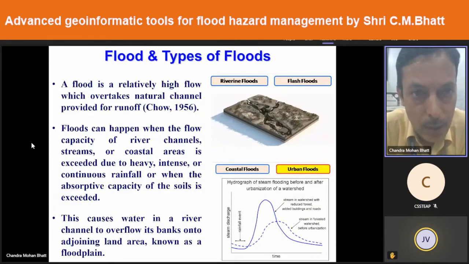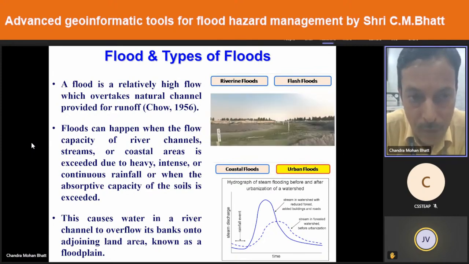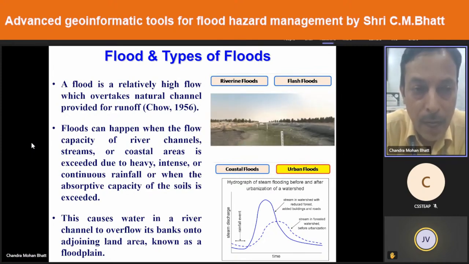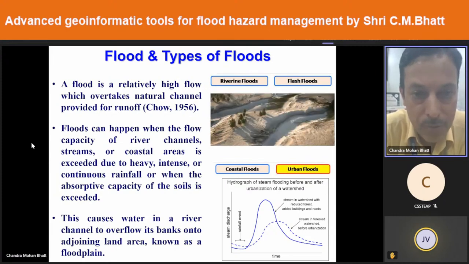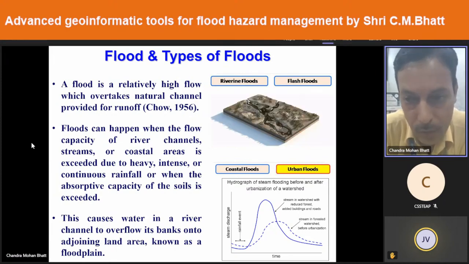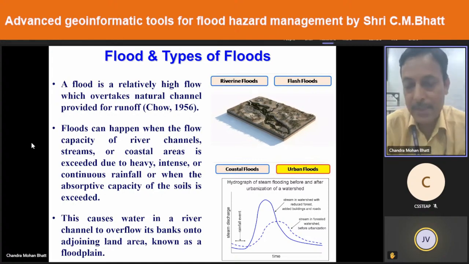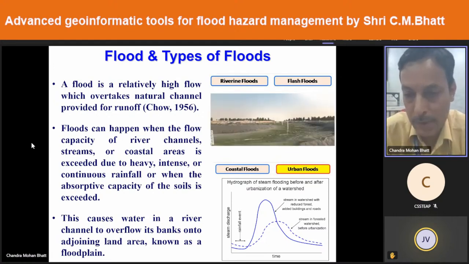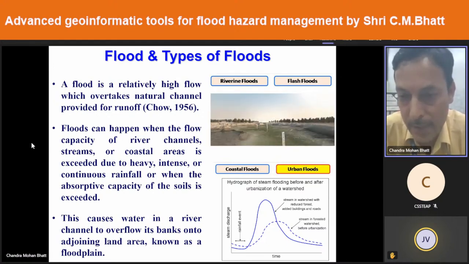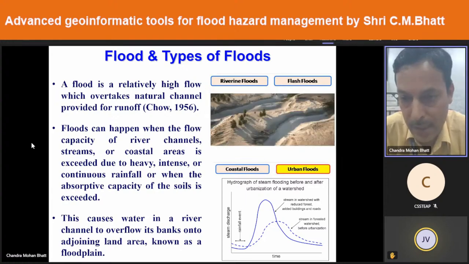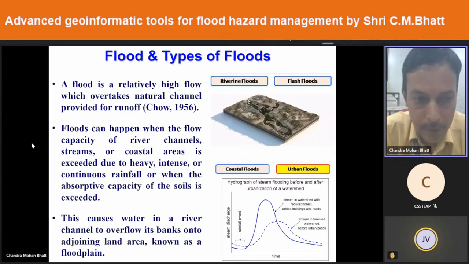Now, knowing that floods are one of the most prominent among the disasters, what is a flood? A flood is a relatively high flow which overtakes the natural channel provided for runoff. That means if the carrying capacity of the channel is exceeded, the water overflows the bank and inundates areas that are generally not flooded.